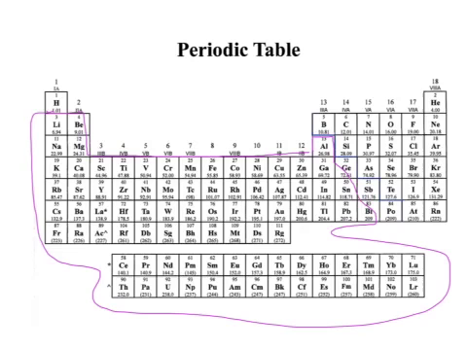The next types of elements we're going to look at are these along this staircase. If you remember the staircase from regular chemistry: boron, silicon, germanium, antimony, astatine I believe that is, bismuth, polonium.